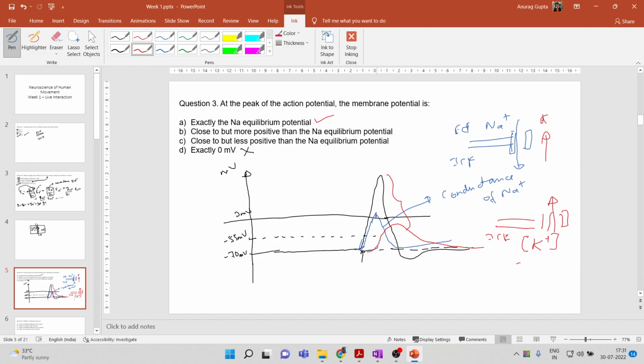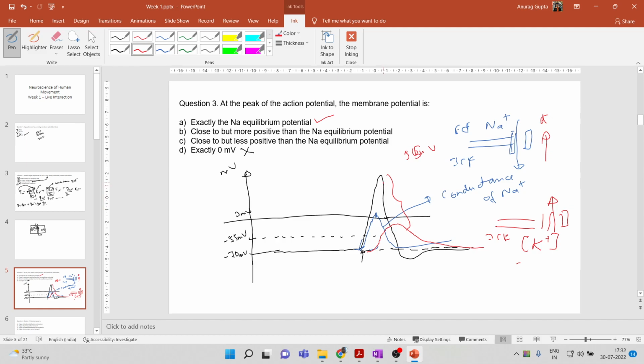It tries to go towards the Na plus equilibrium potential, and like someone pointed out, the Na plus equilibrium potential is around 55 millivolts. So that is where it's going towards. But then you also see that the conductance of K plus increases, and hence repolarization starts to happen.